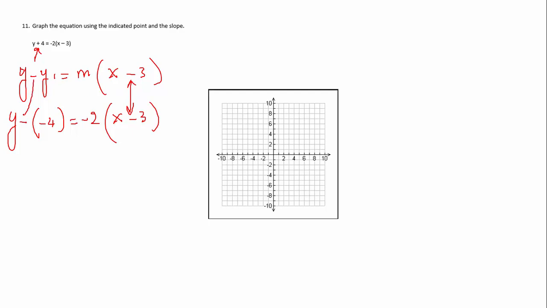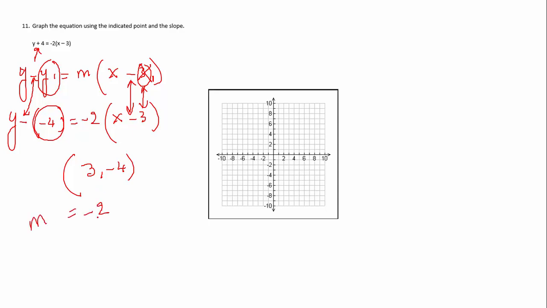Here the minus goes with the minus, so y1 in this case would be -4, and 3 is x1. Therefore the point is 3, -4, and the slope is -2.